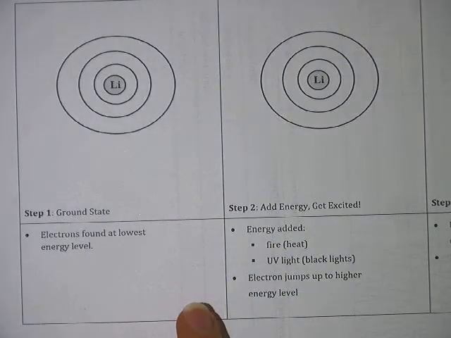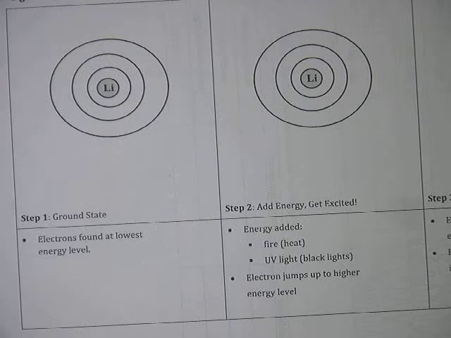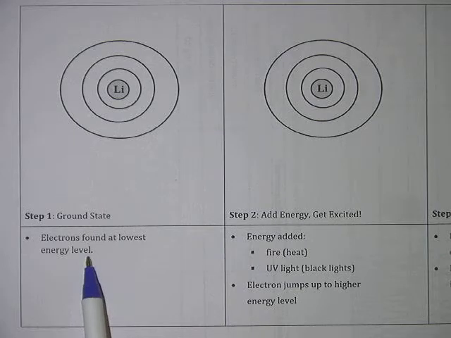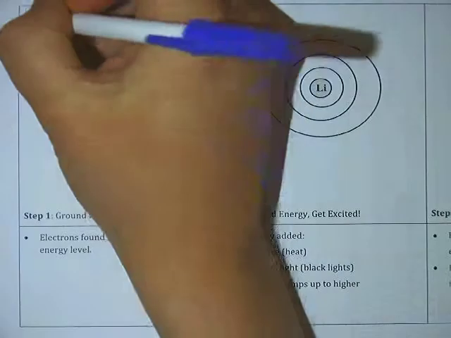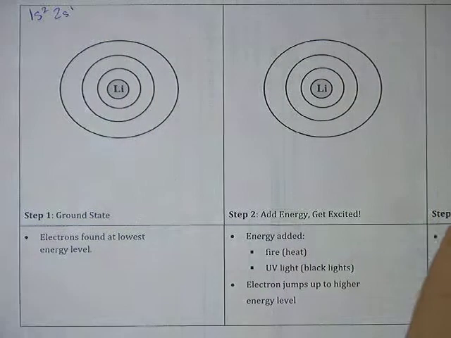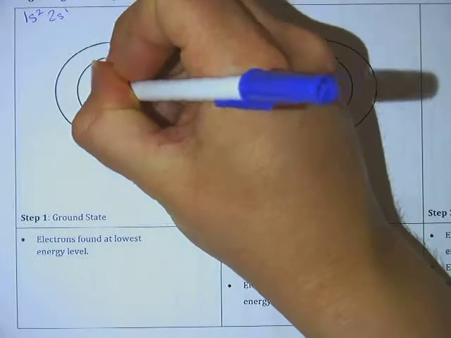So thinking about the structure of an atom, we can continue forward with this example of ground versus excited state and how this works. So in the ground state, electrons are found at their lowest energy level, which for lithium, remember, lithium was 1s2, 2s1 in its ground state. We just looked at that on the previous page. So we can draw those electrons in.